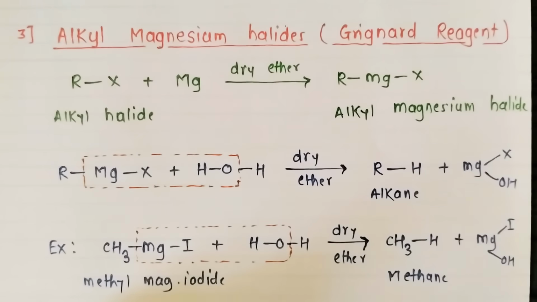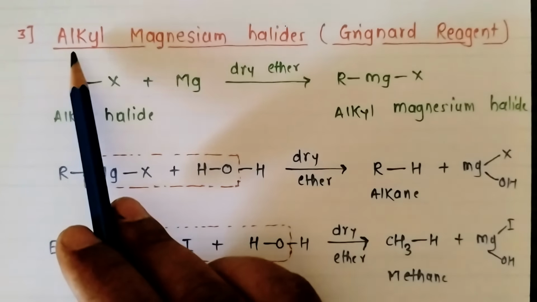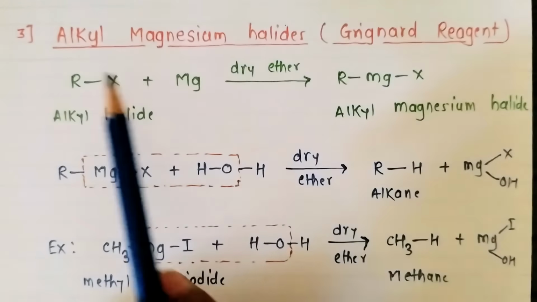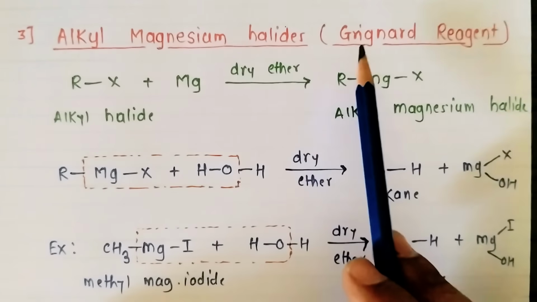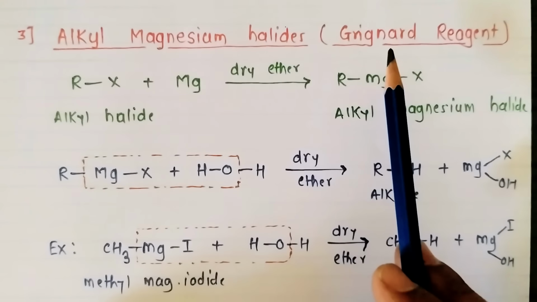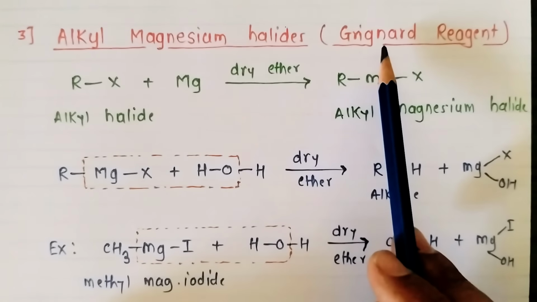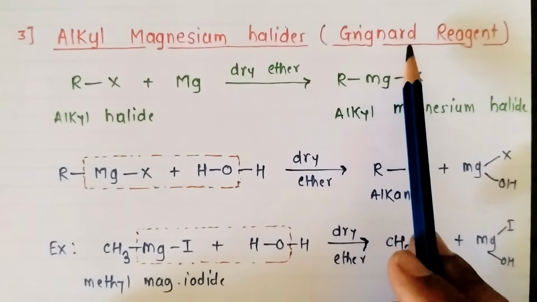Now we see another method for the preparation of alkanes, that is from alkyl magnesium halide. Alkyl magnesium halide means Grignard reagent. First of all, we know how Grignard reagent is formed.